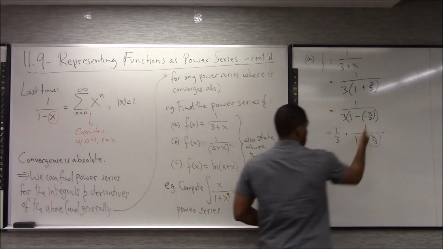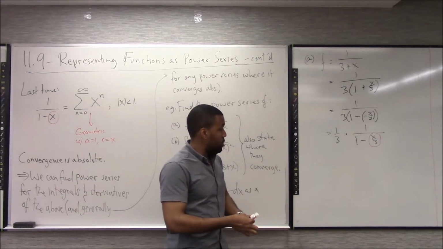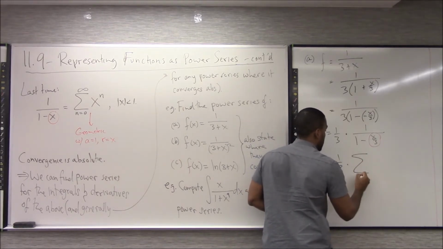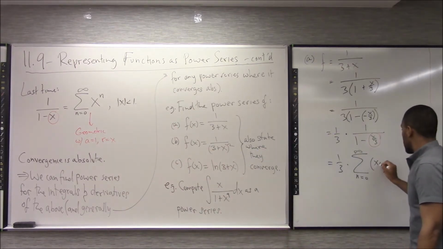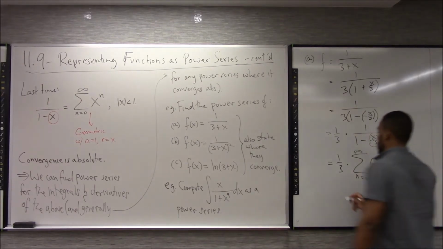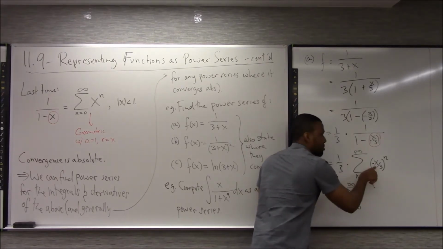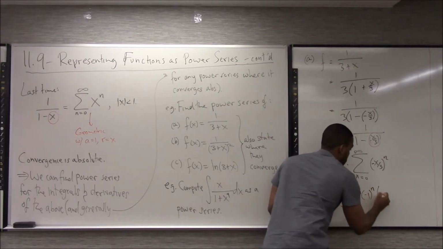And so now this looks like 1 over 1 minus x, where my new x is x over 3, and so I can plug this directly into a power series. This is going to be 1/3 times the series, and it goes from 0 to infinity. And instead of x to the n, I now have negative x over 3 to the n. What that basically means is I can just distribute the power across the product, so it turns this into an alternating series.